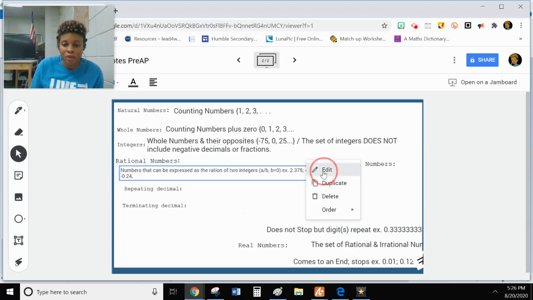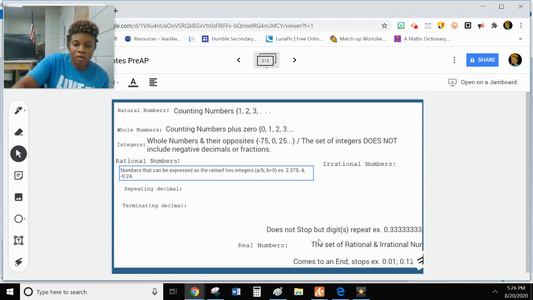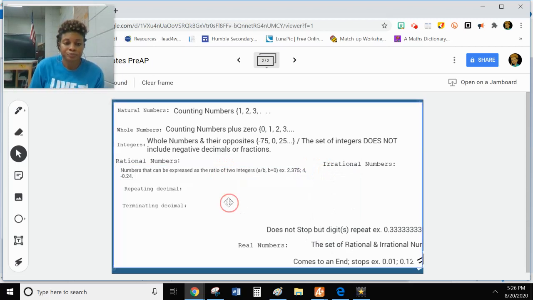I'm sorry, let me edit that because that should not be an N. Rational numbers are numbers that can be represented as the ratio of two integers. So ratio means it can be written in fraction form, A over B, where B is not equal to 0. B cannot be 0, and we'll talk about that later, that you cannot divide anything by 0.